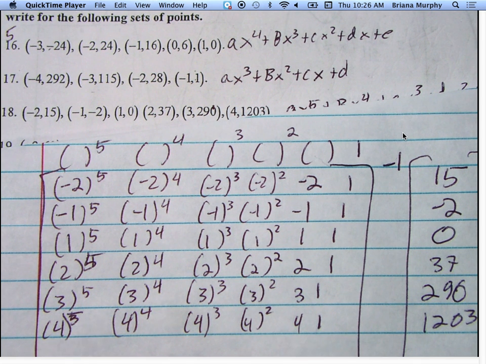Negative 1 to the 4th. Negative 1 to the 3rd. Negative 1 squared. Negative 1 and 1. Then we have 1 to the 5th, 1 to the 4th, 1 to the 3rd, 1 squared, 1 and 1.